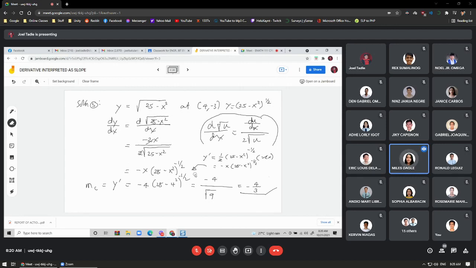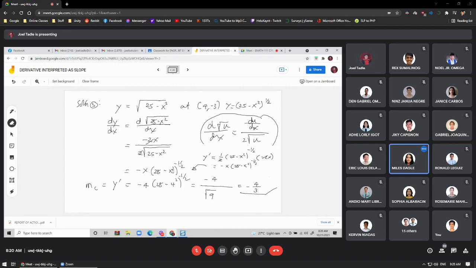Nya if imo na siya i-exponent kay man-negative ay positive. Nya i-transfer nimo sa numerator, positive. Mao na ng negative x times 25 minus x squared raised to the power of negative 1/2.